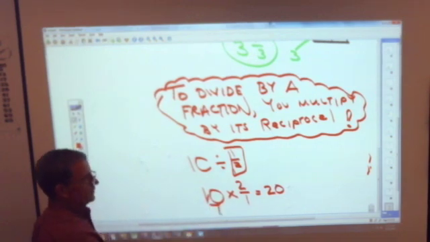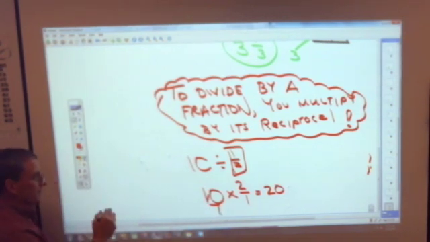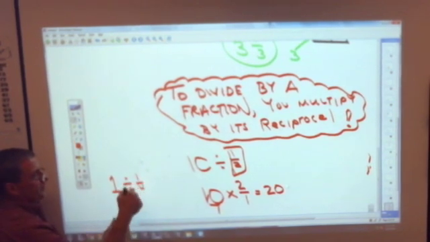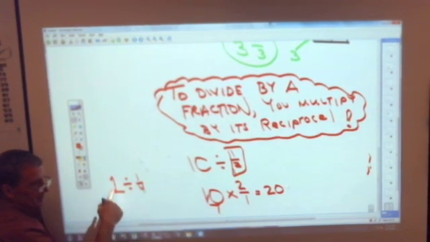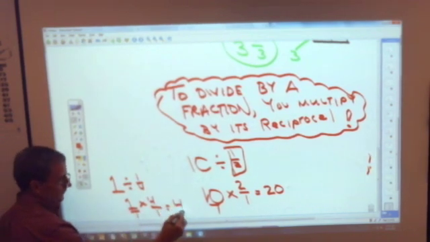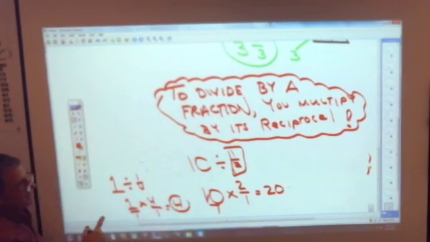Right? Because you put this over 1, 10 over 2. Or the whole dollar thing. 1 divided by 1/4. How many quarters are in a dollar? Same thing as multiplying by its reciprocal. What is 1 over 1 times 4 over 1? 4.